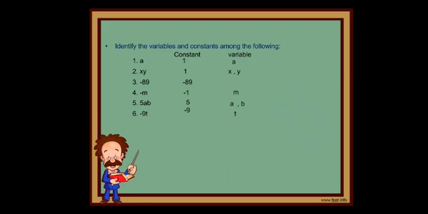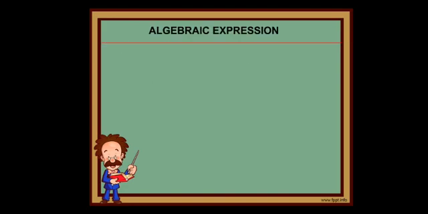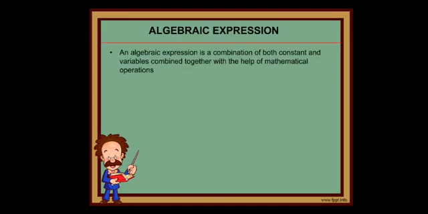Now we'll see what an algebraic expression is. An algebraic expression is a combination of constants and variables combined together with the help of mathematical operations. So you know what a constant is and what a variable is. If variables and constants are combined together with the help of mathematical operations, then that is called an algebraic expression.